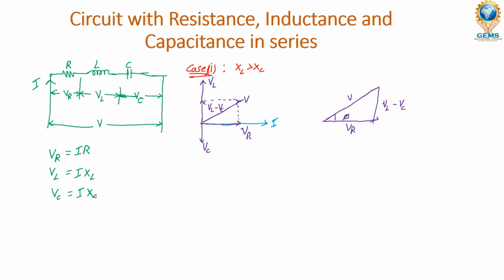Now we are going to see the voltage. Here you can see that voltage in a series circuit is added. V bar equals VR bar plus VL bar plus VC bar.